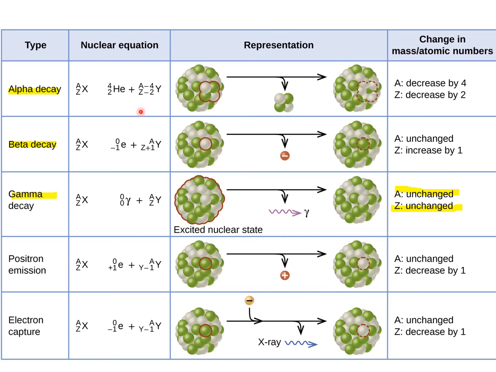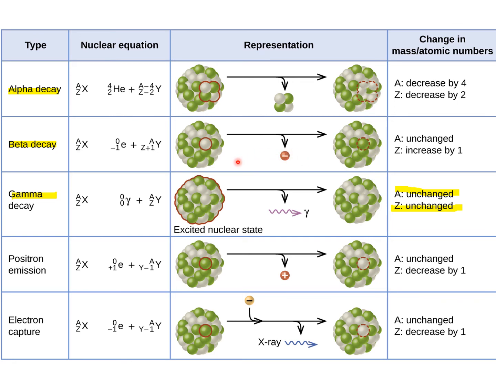Because that would be a neutron. So the green are protons, and the gray ones are the neutrons. The one circled here is a neutron. This neutron is breaking down into a proton and an electron. The electron is shot out of the atom. You see this little thing with the minus sign.